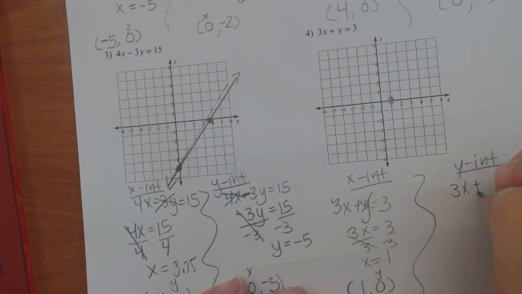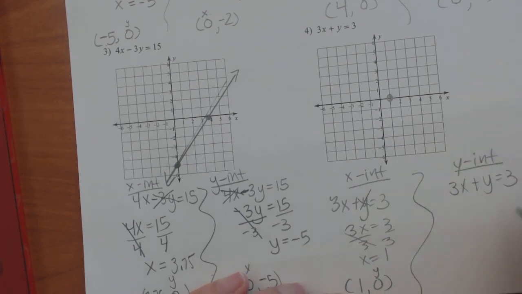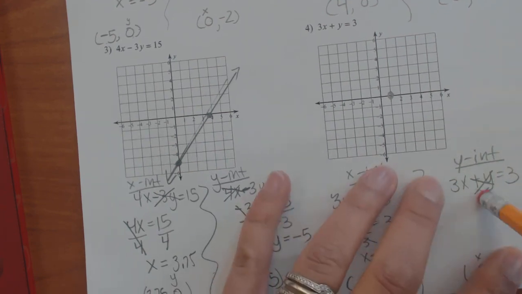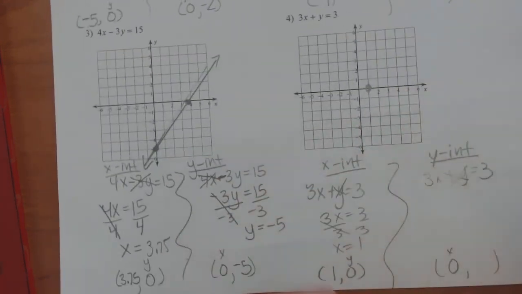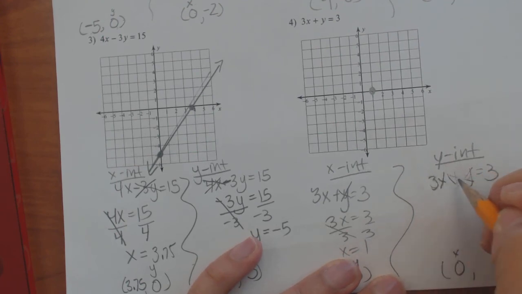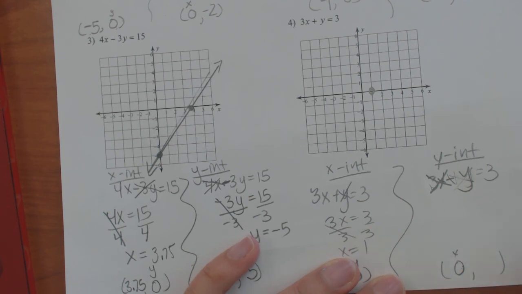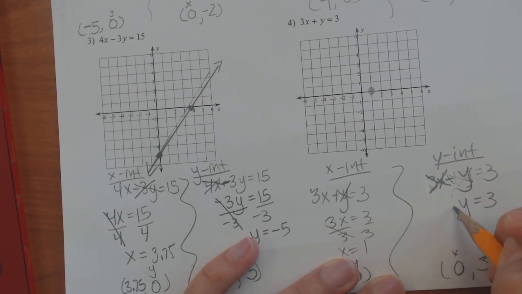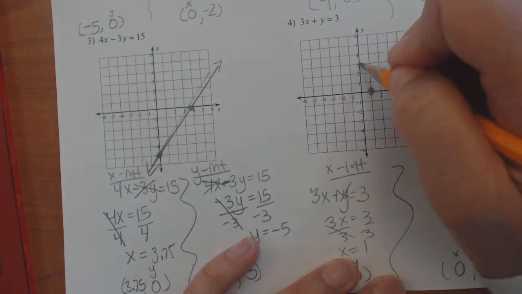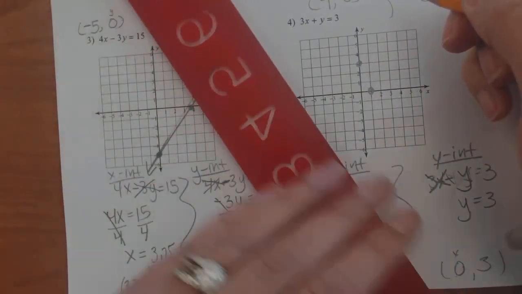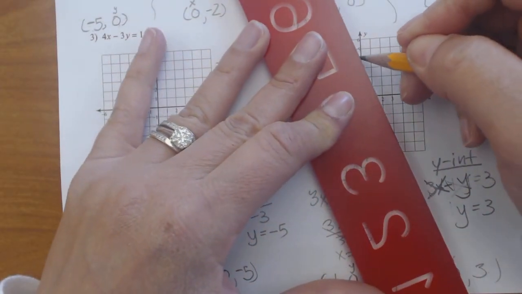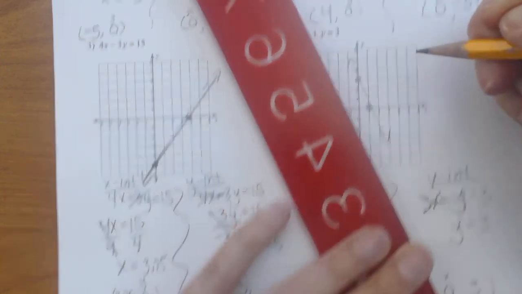And my y-intercept, 3x plus y equals 3. 0 in for x, cross that, oops, I'm rushing now, can you tell? Cross out my x. So what I have left is y equals 3. We don't have to do anything, that's it. This is the number 1 in front, so I'm done. So 0, 3. Get my ruler, make a nice line through those 2 points, and I'm finished.